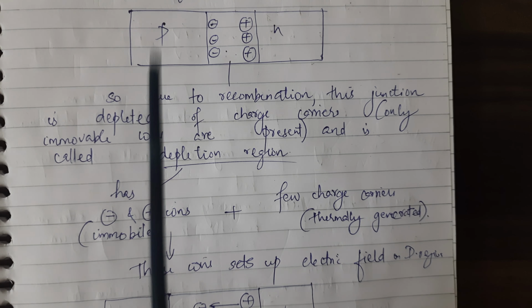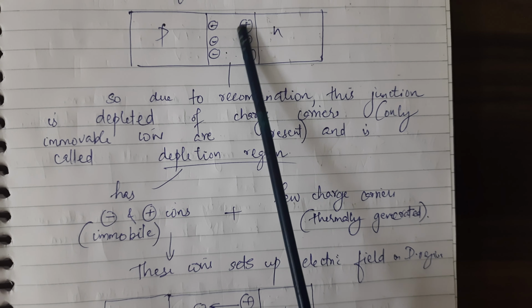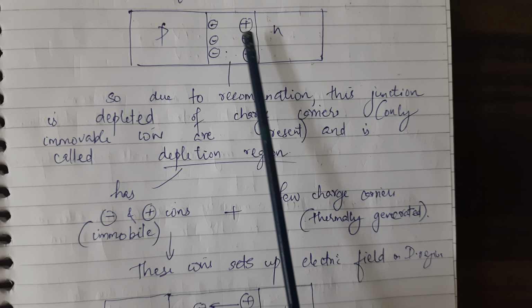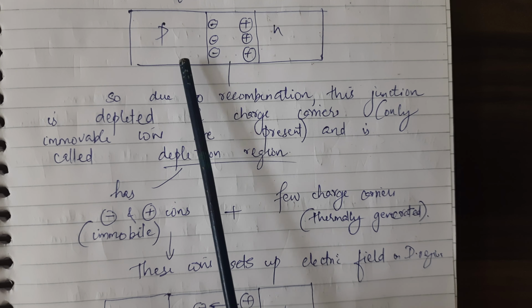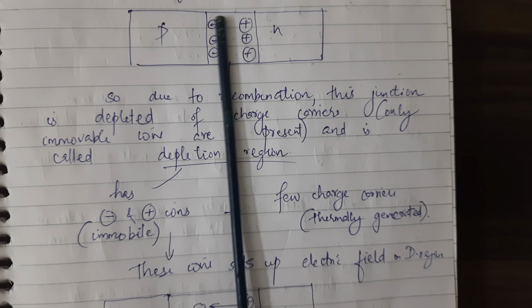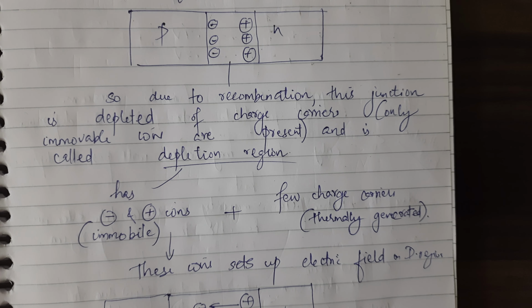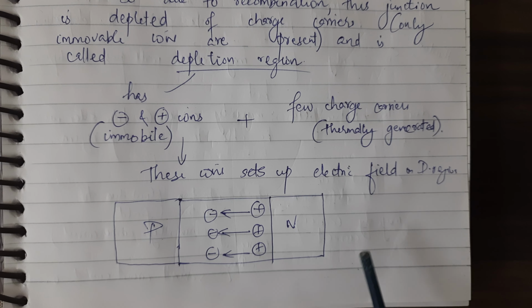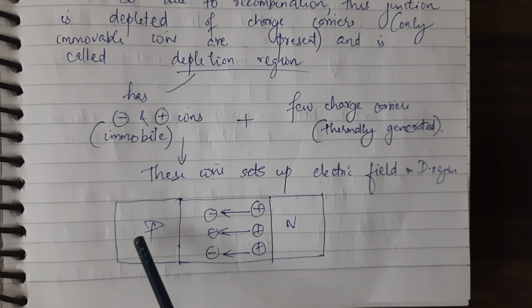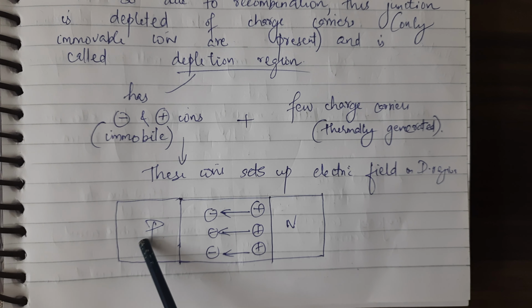These ions will set up an electric field. This is a positive charge, so from positive to negative there will be an electric field. This will be the direction of the electric field, from positive to negative. Only few electrons from the n region and few holes from the p region will be able to cross this junction due to the electric field.